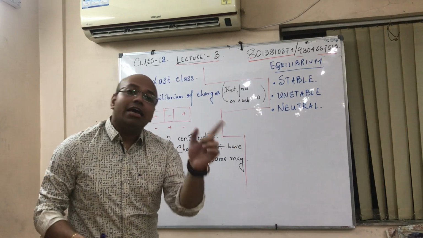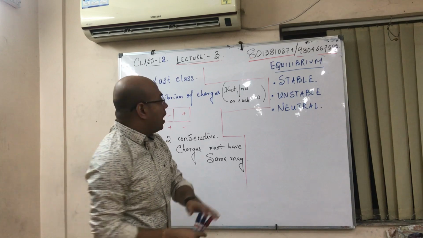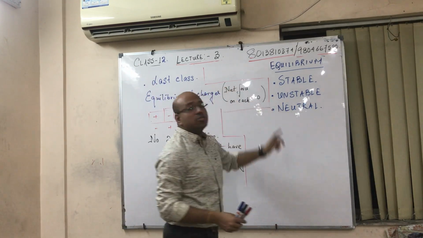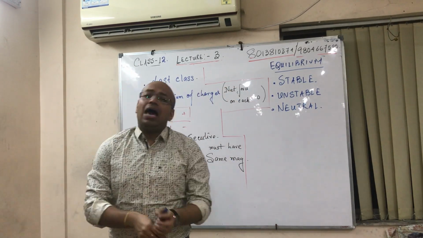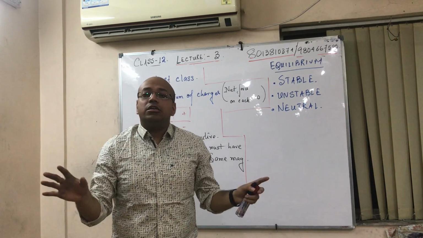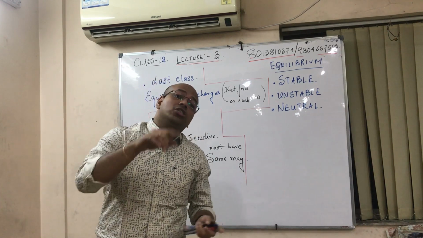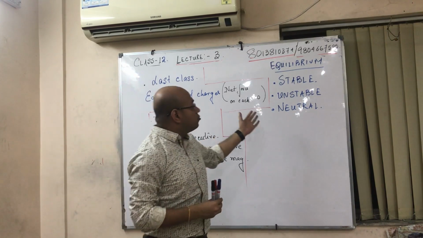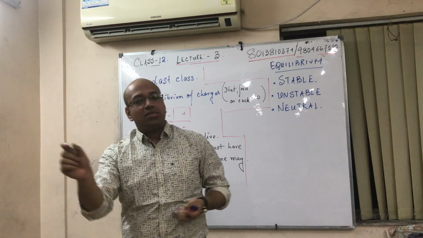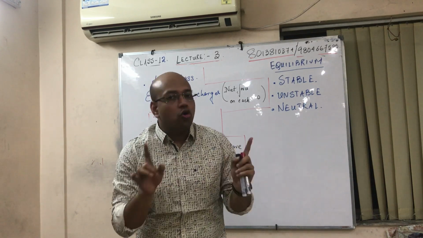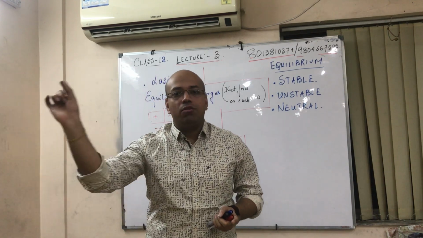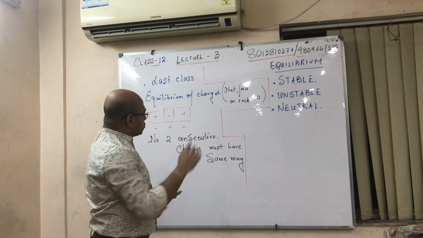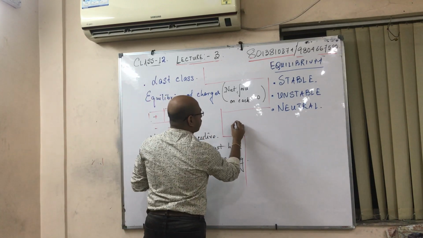Unstable means if you displace any of the charges and the system does not return to its original position. And what is neutral? If you displace the charges, the other two charges won't be affected and the new charge will stay over there. Okay, so let's check out what sort of equilibrium.